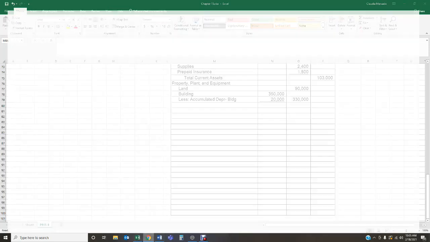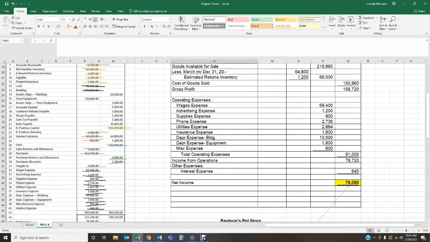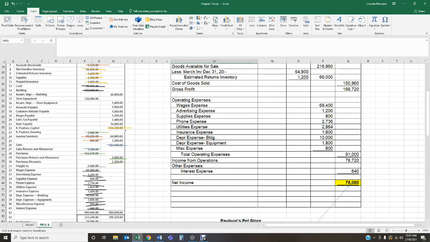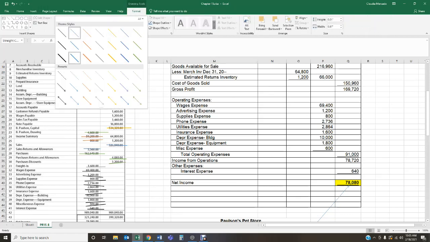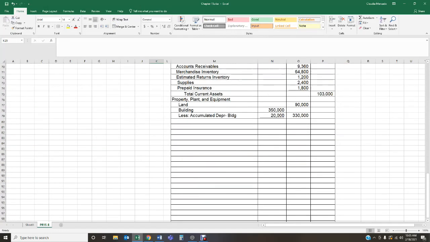What else do we have that's going to last us longer than a year? Let me mark this off. We also have store equipment of $120,000.